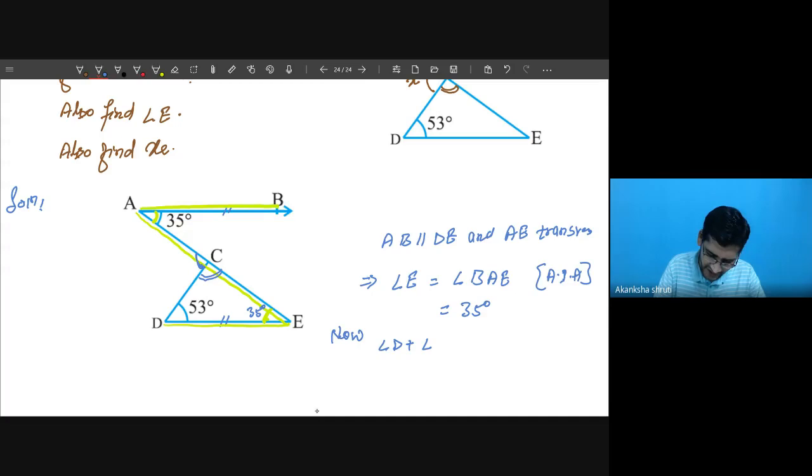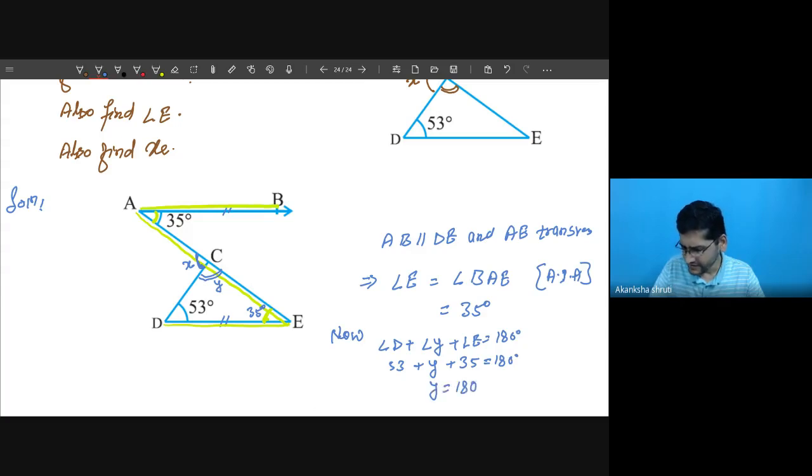So outside the triangle is your X. You may denote this by Y. Plus angle Y plus this angle E is equal to 180 degrees. Means Y we need to calculate: 53 plus the Y that we want to calculate plus 35 is equal to 180 degrees. So just calculate the value of Y.